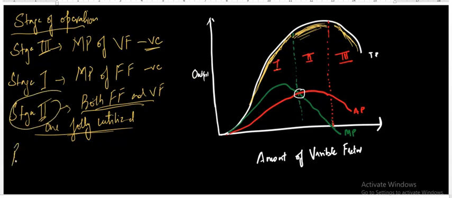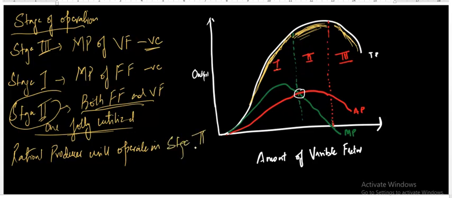So a rational producer will operate in stage 2, because in this stage both the factors are fully utilized, so it is the best stage in which a rational producer should operate.